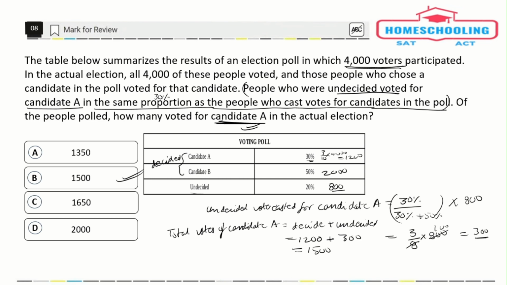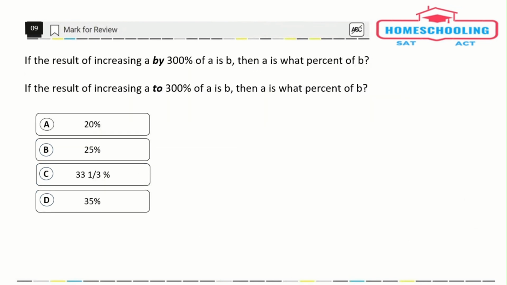Now moving to the next question. Here we have a concept: if the result of increasing by, so this is a keyword here, by and to. What do these keywords mean?